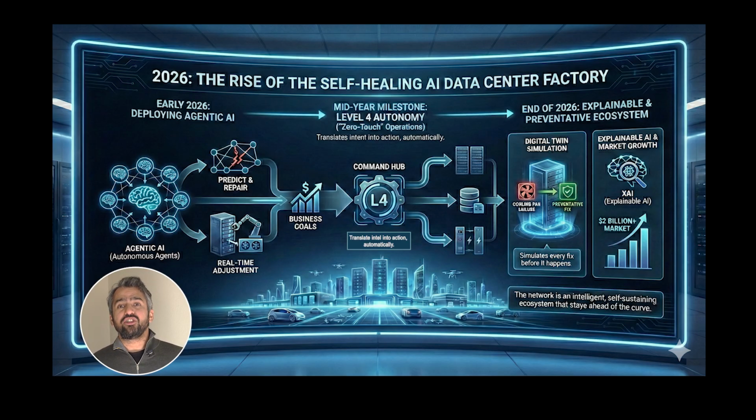This means zero touch operations where intent-based systems translate business goals into physical configuration automatically. Driven by a near $2 billion market, these networks don't just fix errors, they prevent them using explainable AI and digital twins to simulate every fix before it happens. In 2026, the network isn't just a utility, it is an intelligent, self-sustaining ecosystem that stays ahead of the curve.